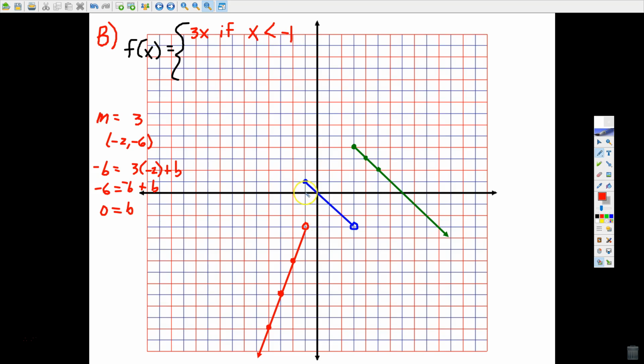Okay, so here's -1. -1 is not included because it's open, and so only those numbers for x that are less than -1 are defined. Okay, that takes care of the red. Let's do the blue.